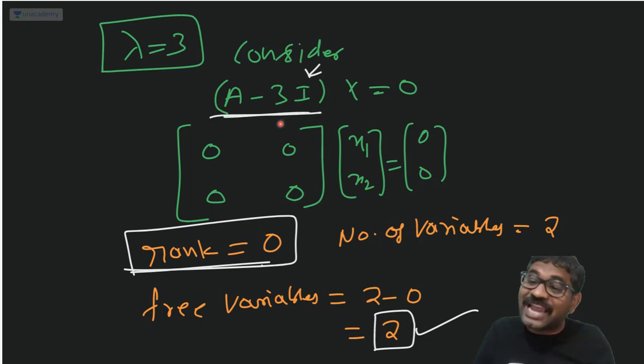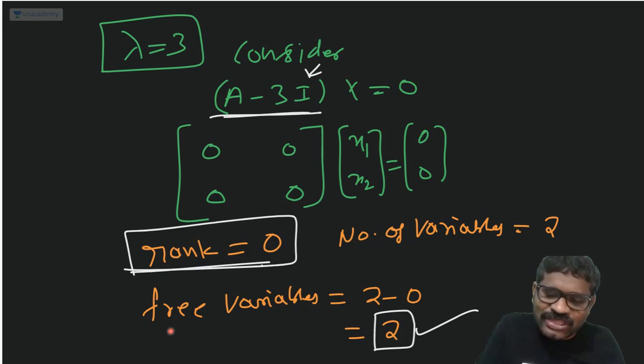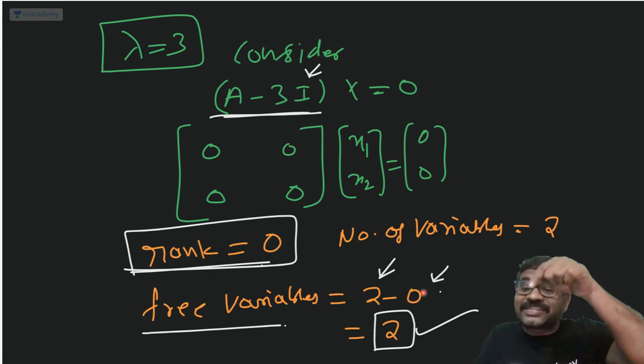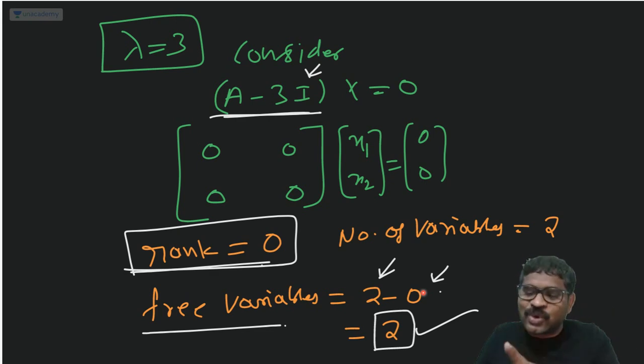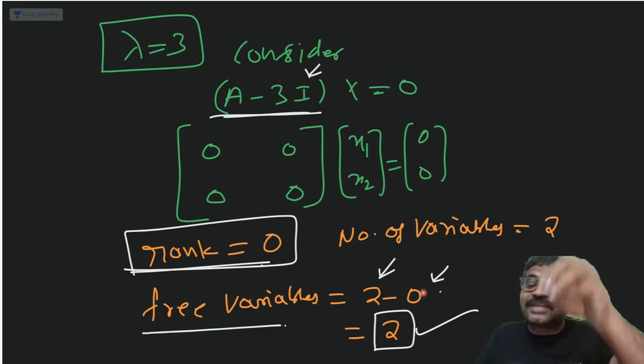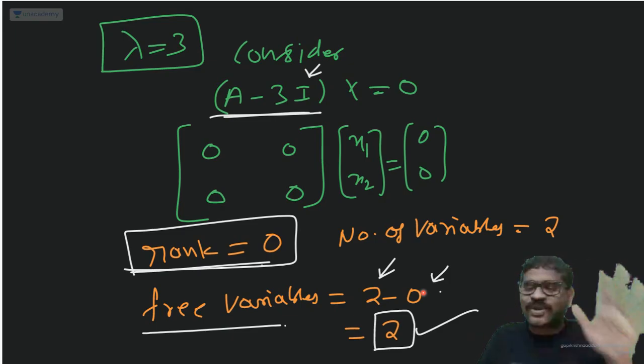So A minus lambda I. This free variable count, total number of variables minus rank of A minus lambda I, gives you how many independent eigenvectors there are in the case of a repeated eigenvalue.